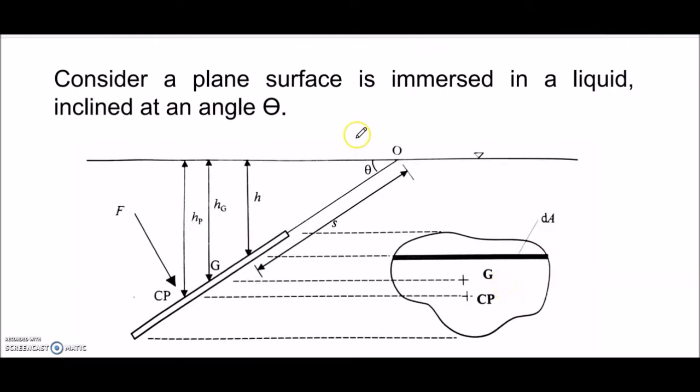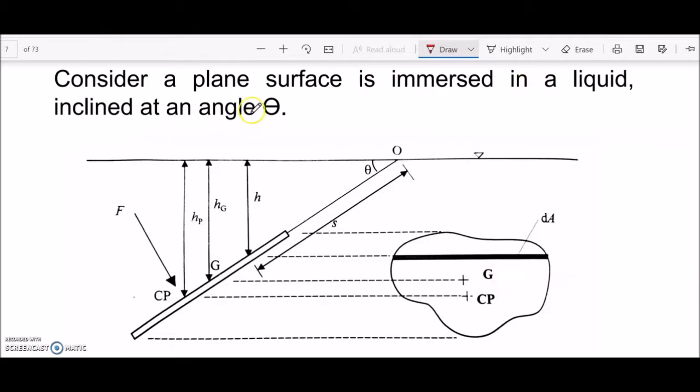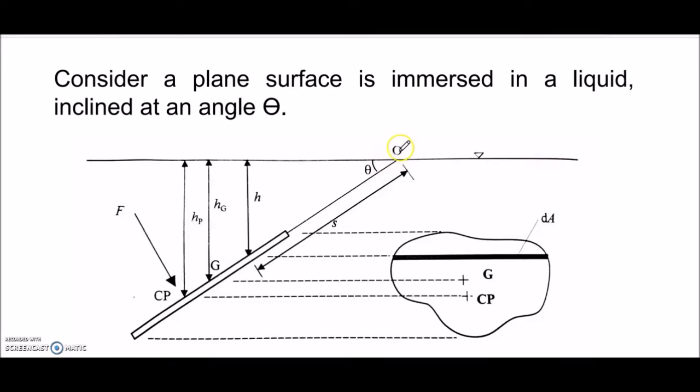Consider a plane surface immersed in a liquid, inclined at angle theta. So this is the surface of water, and we have the point O here. This surface is inclined with the theta angle. We can see we have the height, the height of the gravity, the height of the pressure, and the force that acts towards the immersed object.